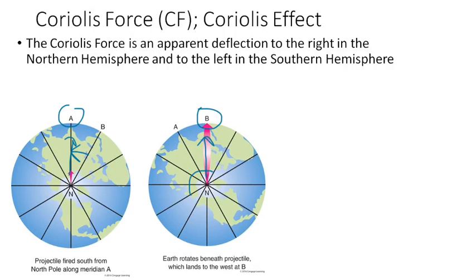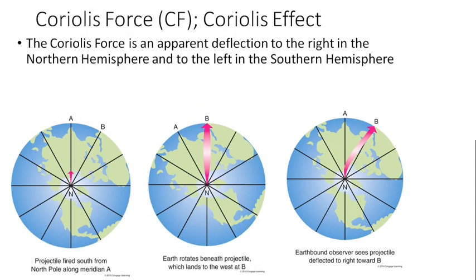Earth's not silly, but it rotated counterclockwise, just like you're seeing here. So that caused it to appear to land at a different location.